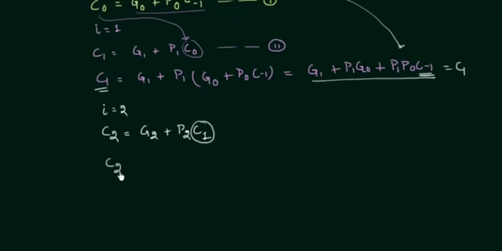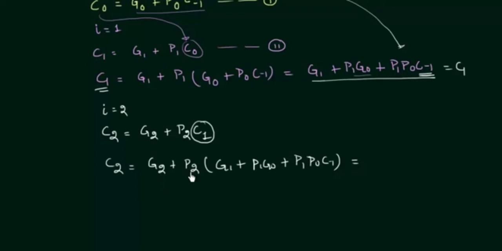So let's do it. C2 is equal to G2 or P2, and the C1 will be replaced by G1 or P1 G0 or P1 P0 C minus 1. Very easy calculations we are doing.